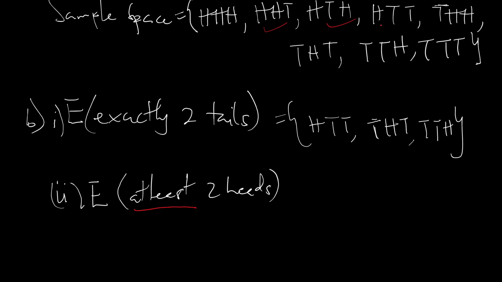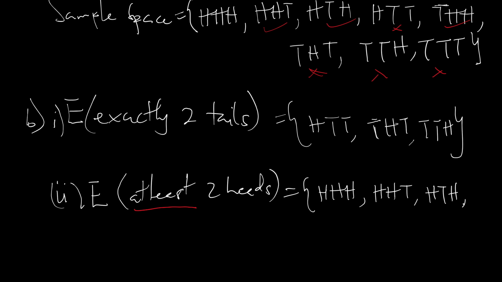We have 1, and we don't want less than 2. So this is out. 1 is out, and no head is out. So at least 2 heads will be head, head, head; head, head, tail; head, tail, head; and tail, head, head.